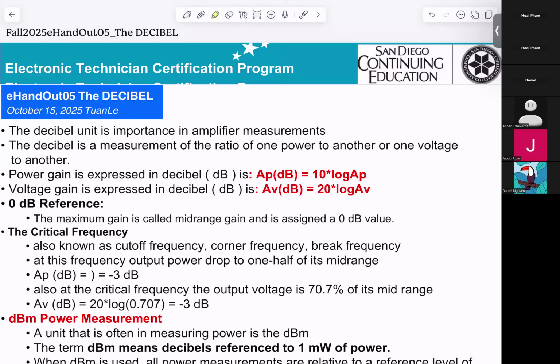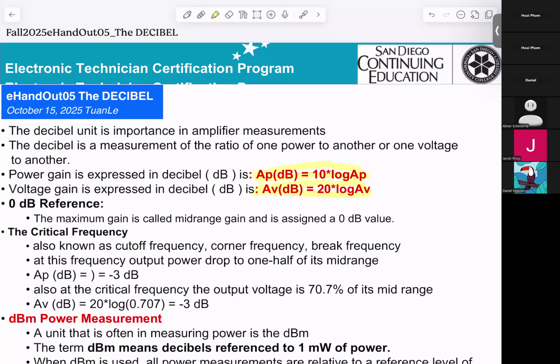Power gain, if you want it in dB, this is the formula. Voltage gain, AV. You understand A means the gain, P means the power, AV means voltage gain. Okay?